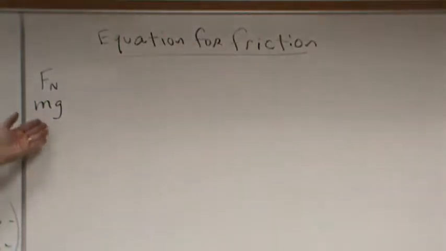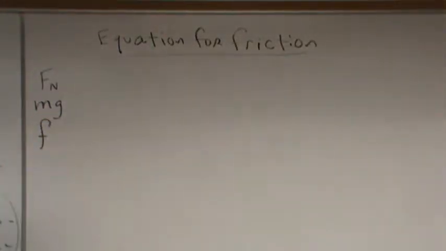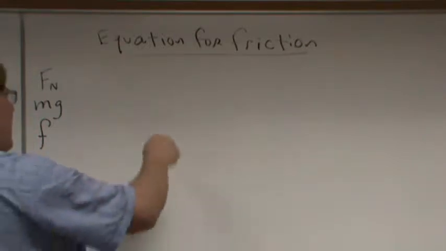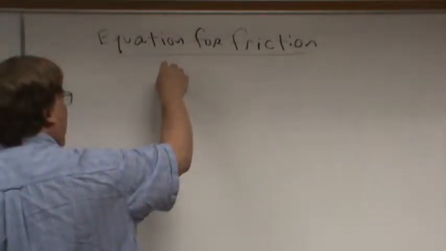Now we need a name for friction force, and we're going to call friction force by a lowercase f. Some books call friction force big F with a subscript of lowercase f, but we don't do that here. We call it lowercase f. Here comes the equation.